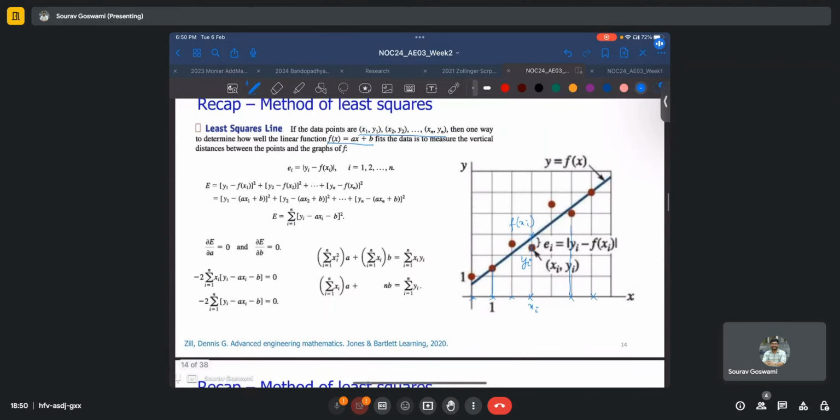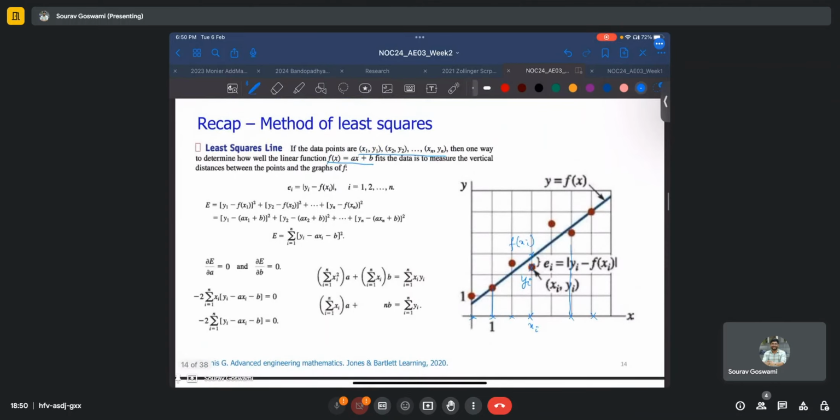And of course, when we say minimize, we have all learned calculus. We apply principles of calculus: we calculate the derivative and set it to zero. Here we are trying to work out these coefficients a and b.